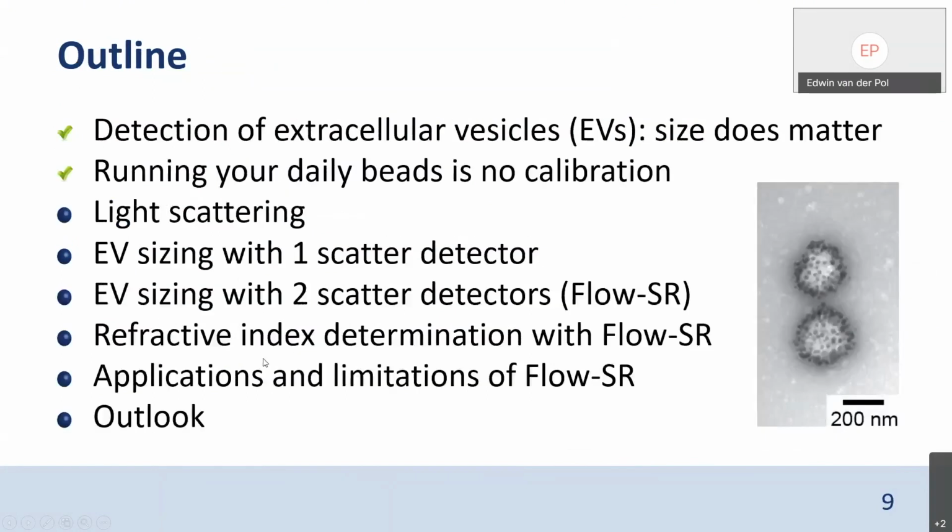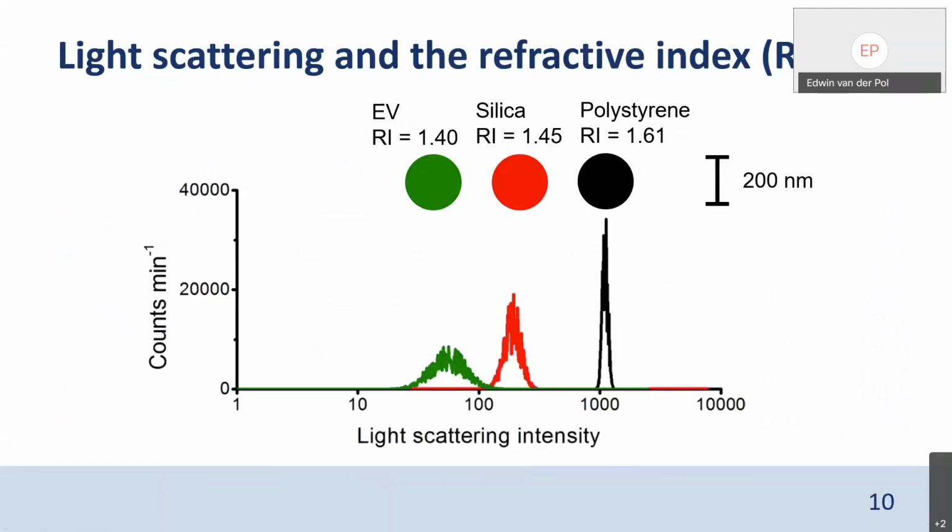Now, before I explain how that works, you need to know some basics about light scattering. In fact, 3 things. The first is that with light scattering from particles, the light scattering does not only depend on the diameter of the particle, but also on the refractive index. So I represented that here schematically.